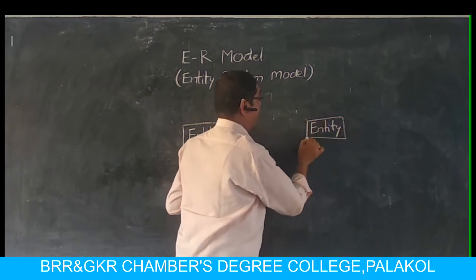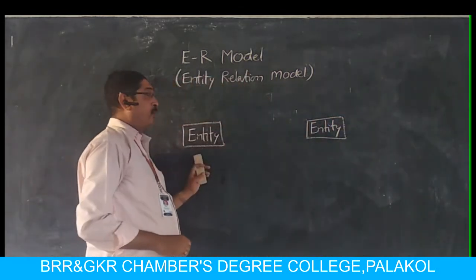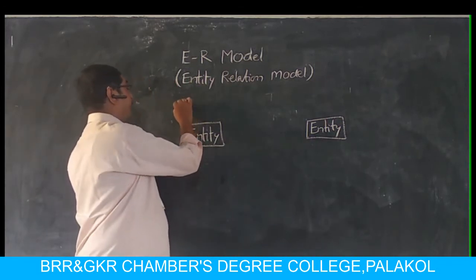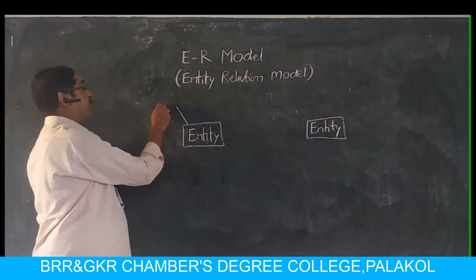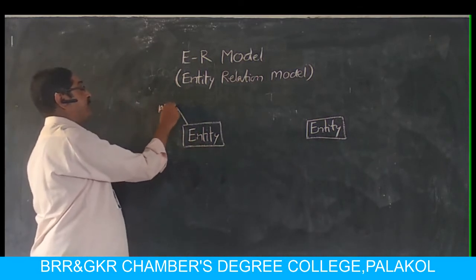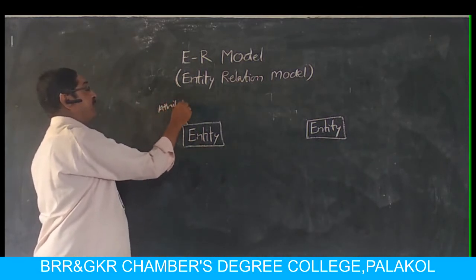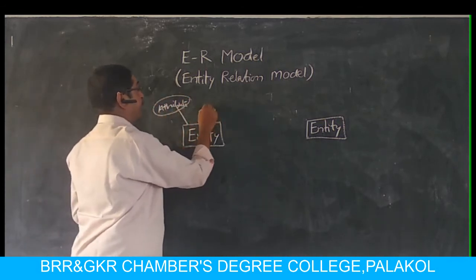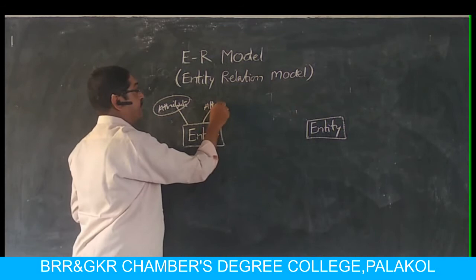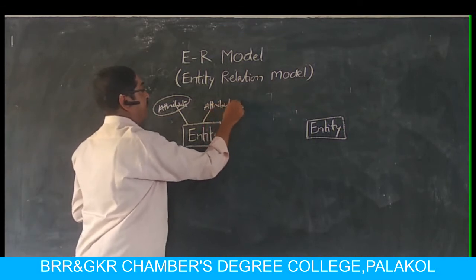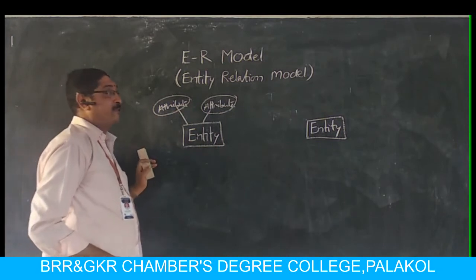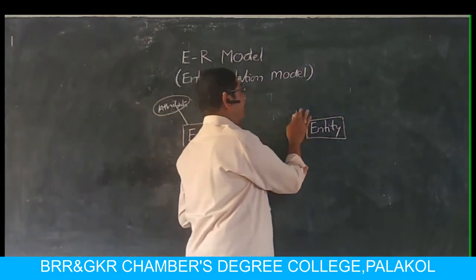These are represented in rectangles, and the attributes of each entity are represented like this, in circles. And these are the attributes of this entity.